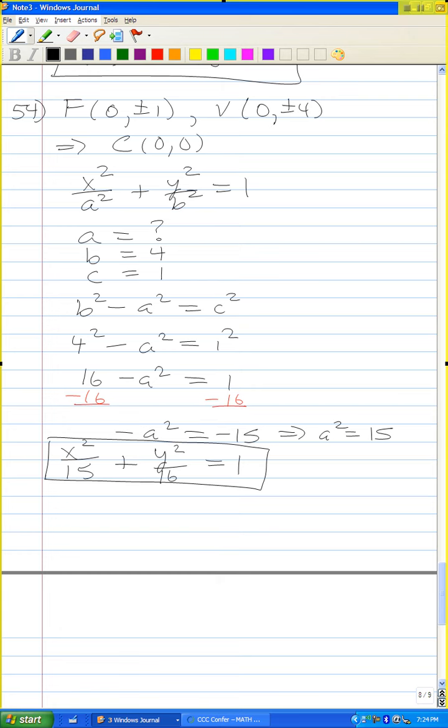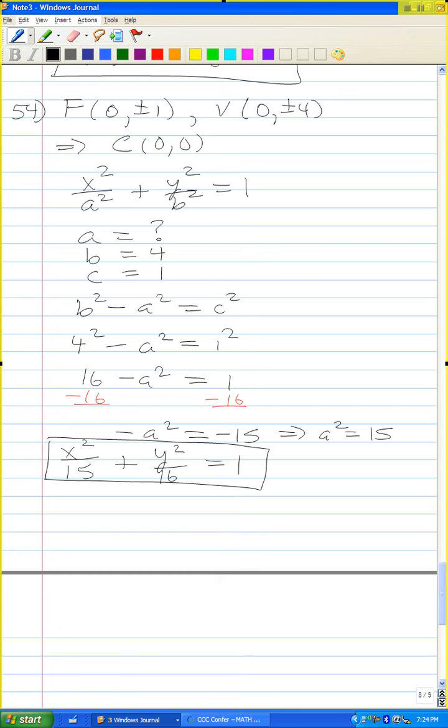Let me do problem number 56. The foci are at 0, plus or minus 3, and the length of the major axis is 10.